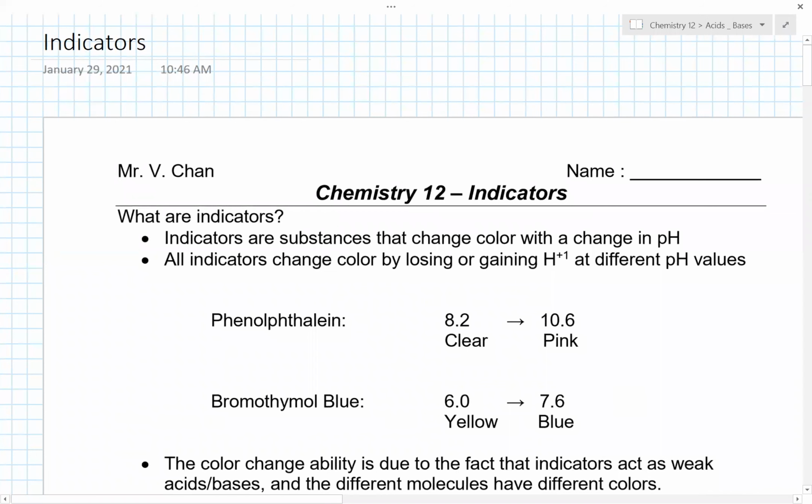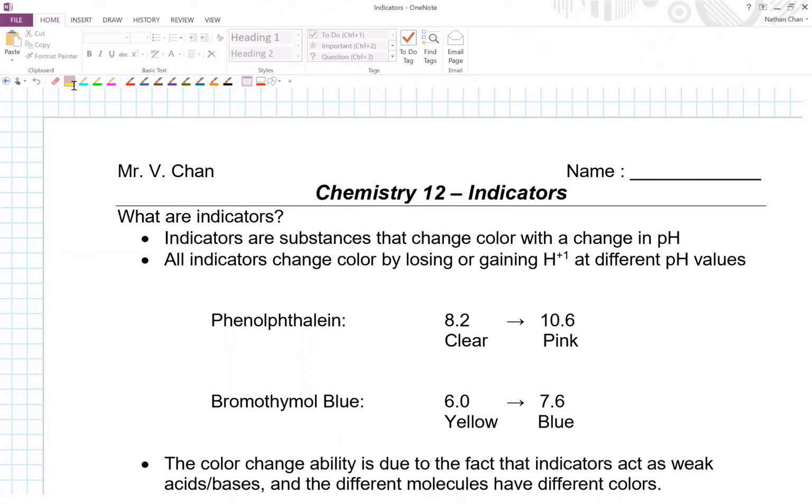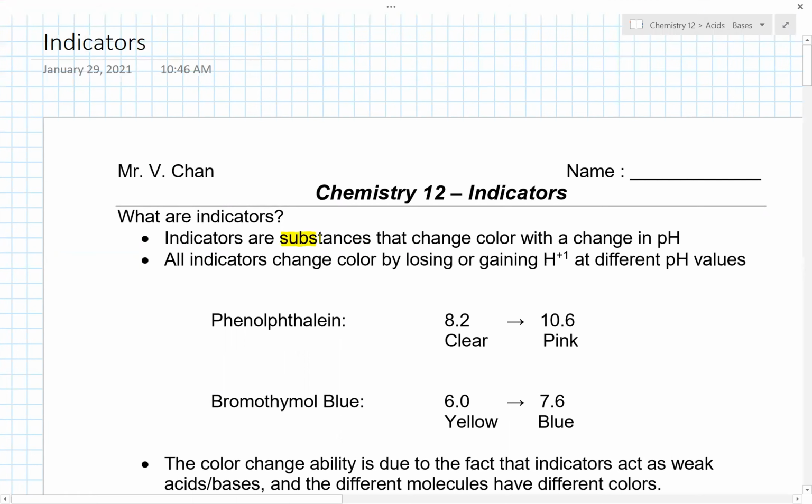But what I wanted to do is focus on what indicators are and talk about that in terms of proton donation and so on, in terms of acid-base chemistry. So indicators are substances that change color with a change of pH. Now, how do they do that? They lose or gain protons at different pH values.